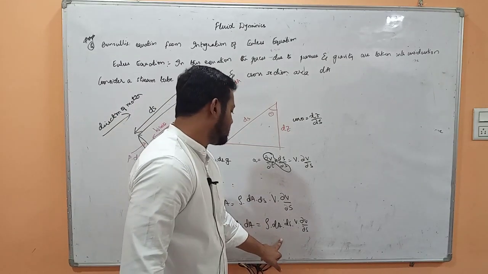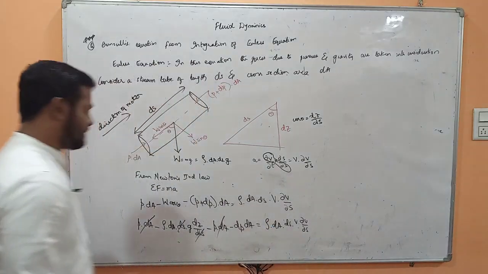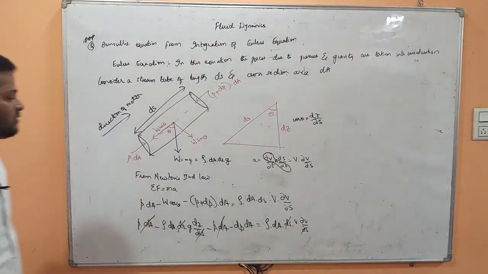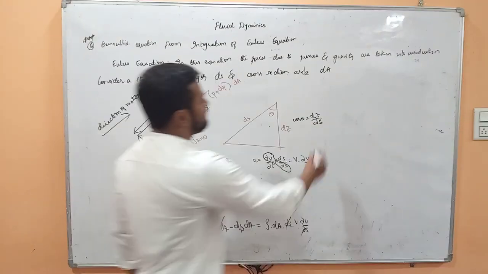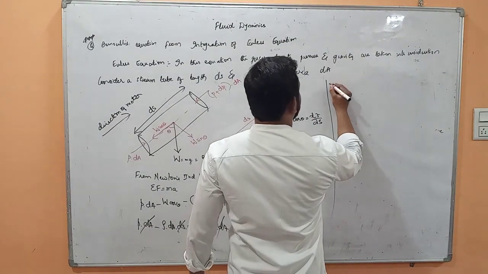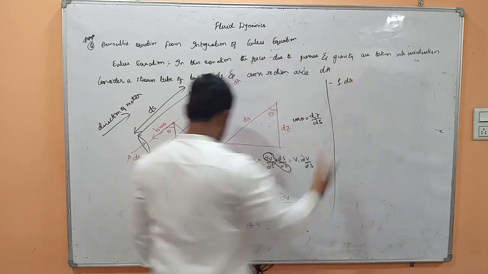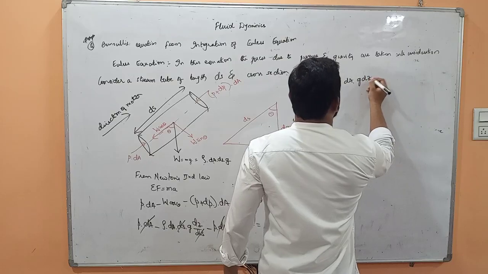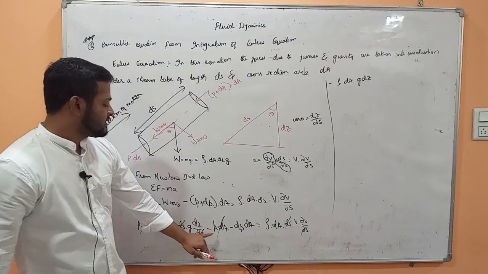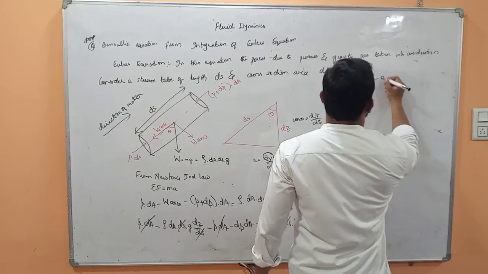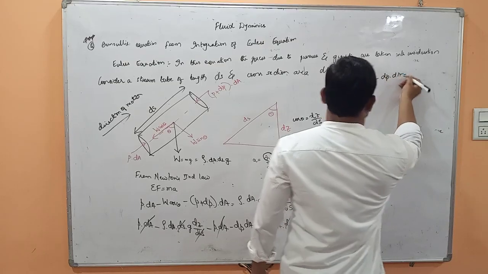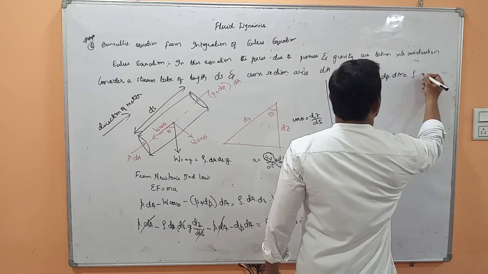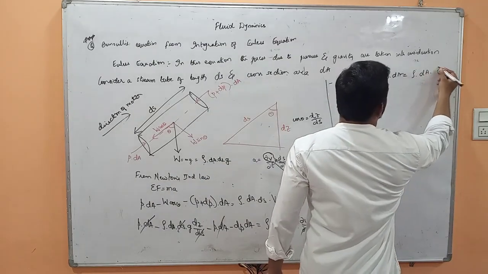Next, rho dA V into ∂V is remaining, because here also the ds gets cancelled. So what's remaining now? Minus rho into dA into g dz, minus dP dA, is equal to rho dA V into ∂V.